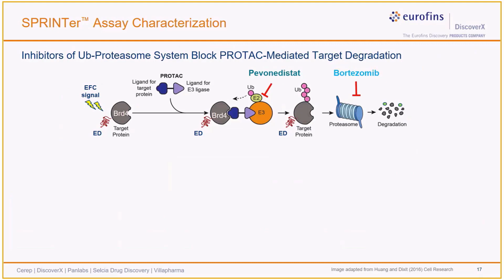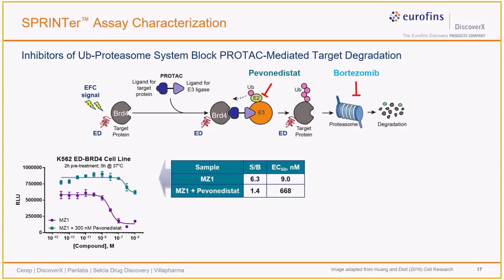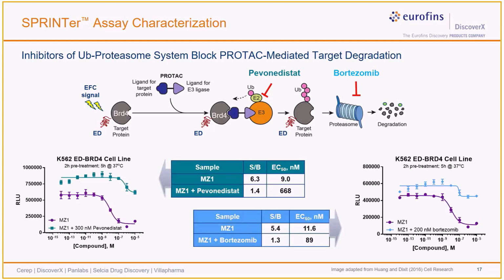One inhibits proteasome activity, the other targets an earlier stage at the E3 ligase. In the presence of both inhibitors, we find greatly reduced potency of MZ1-induced on-target degradation, suggesting that these assays are truly mediated through the ubiquitin proteasome system.